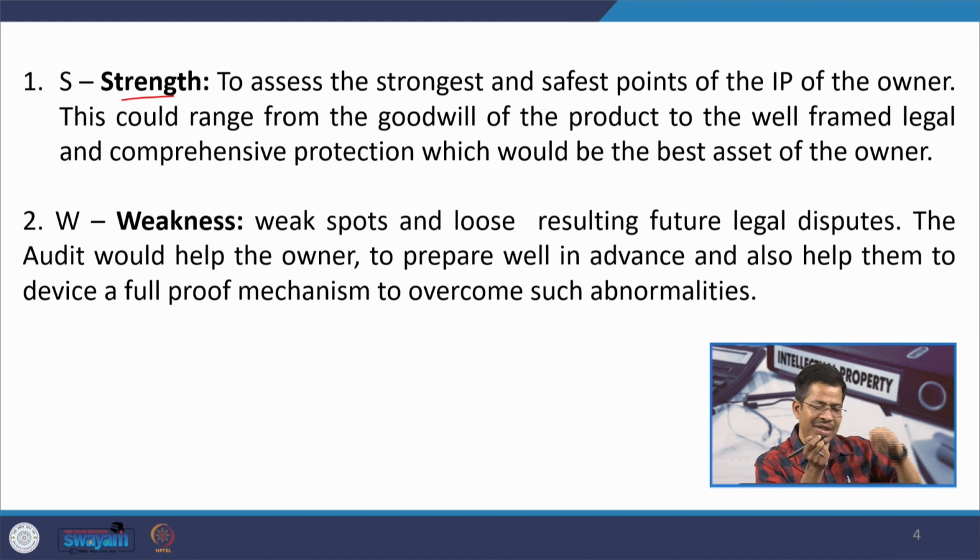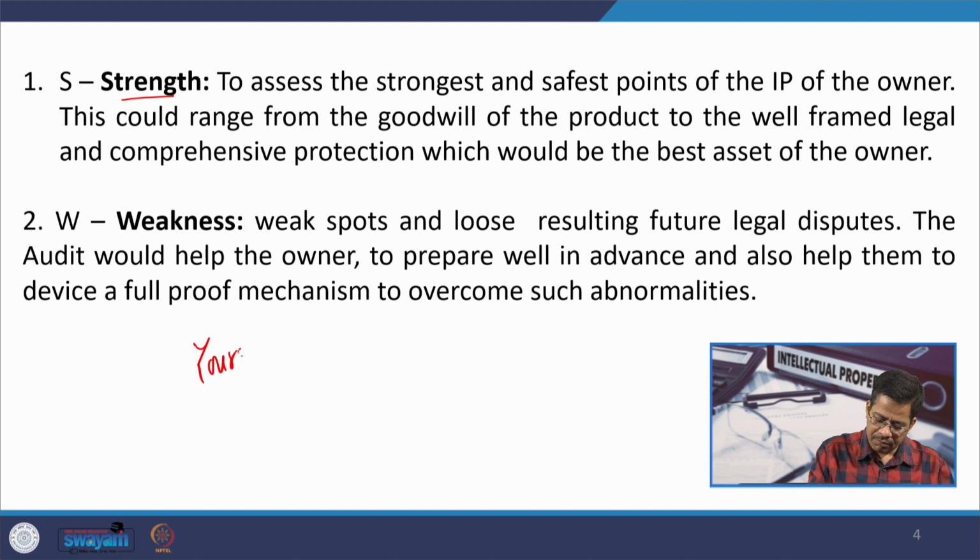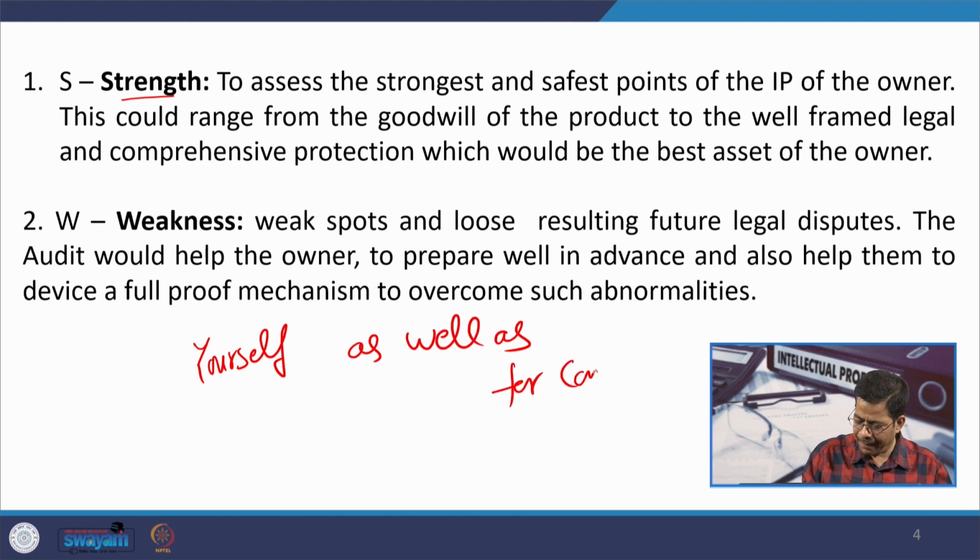So on one side we need the SWOT of my own organization, but I also need to do the SWOT of many of my close competitors, to see how they are performing and what type of improvement they are making over a period of time. So, SWOT is required for yourself as well as for competitors also.